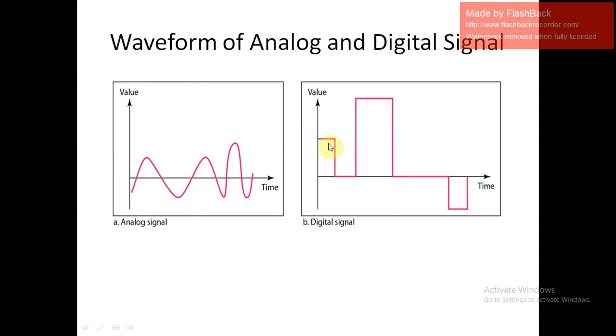Here there are three levels. If the number of levels is 2, then that type of digital signal is known as the binary signal. If the number of levels is 4, that is known as a 4-array digital signal, like this. So the number of levels can be in the form of 2 to the power n.